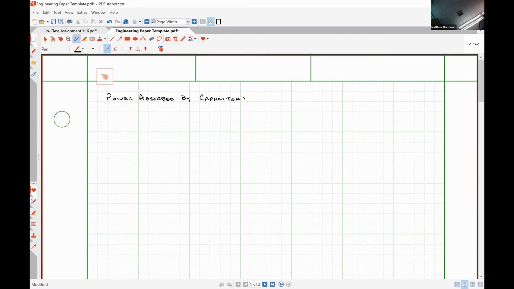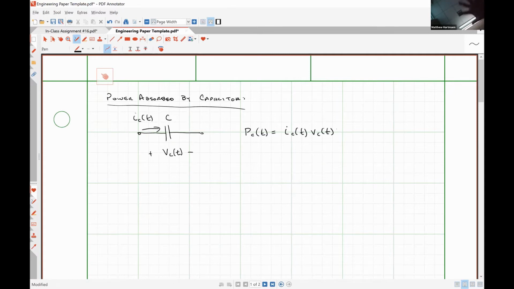So let's consider a simple capacitor, like so, has a value of C, and there will be a voltage drop VC as a function of time over it, and a current IC of T as a function of time flowing through it. So the power absorbed by the capacitor, by definition, will always be the current flowing through the capacitor multiplied by the voltage drop over the capacitor. 100% of the time, P is equal to I times V, for sure.